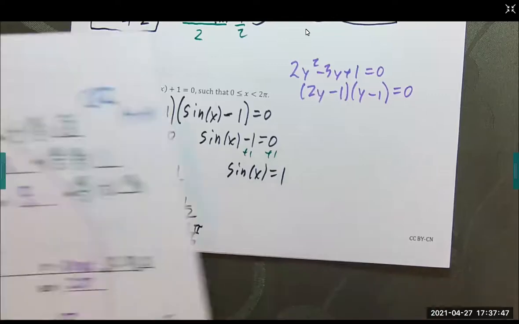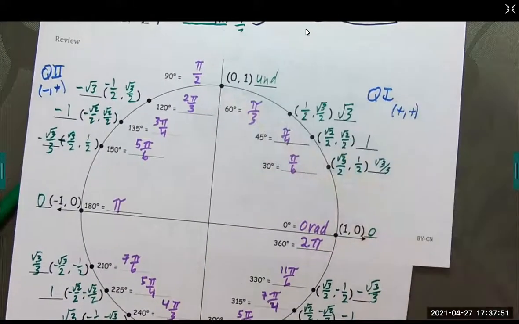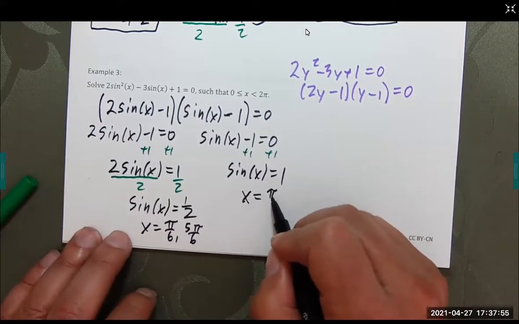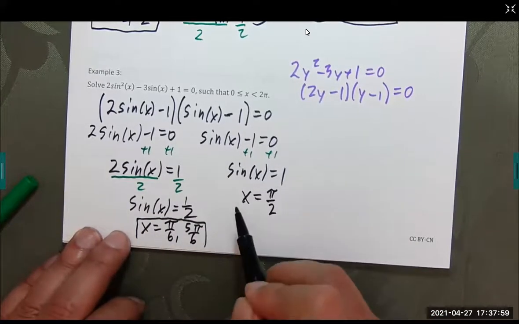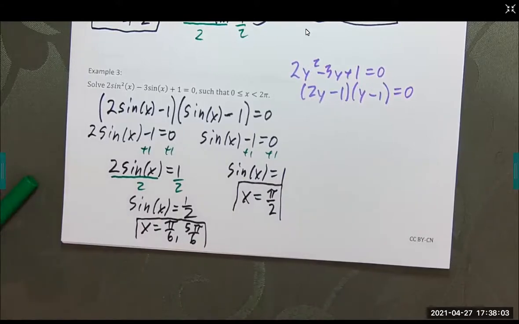That is going to be up here, the y coordinate at pi over 2. So you can see in this case, there are 3 answers. Not too bad.